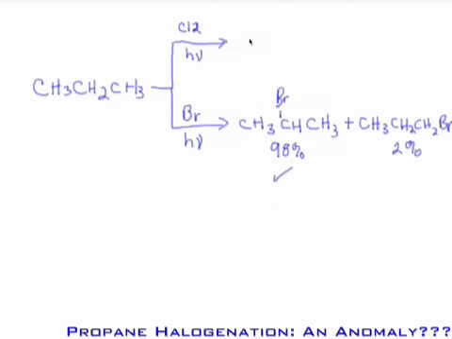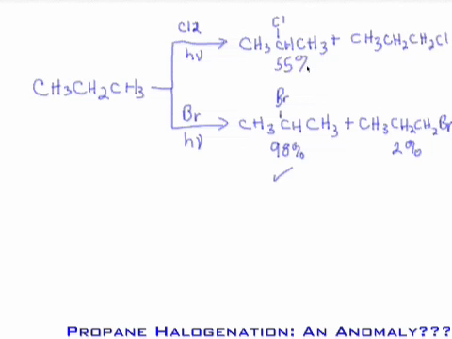In chlorination, we can make the same products, CH3, CH, CH3. We get the isopropyl chloride plus the propyl chloride. In this case, we only get 55% secondary and 45% the primary. What is going on now?